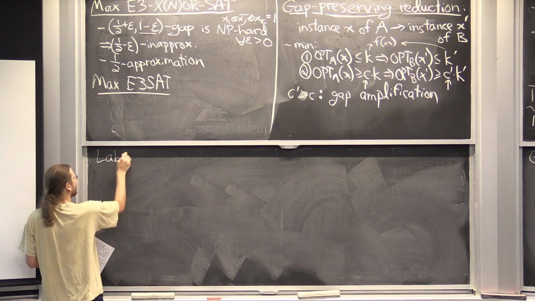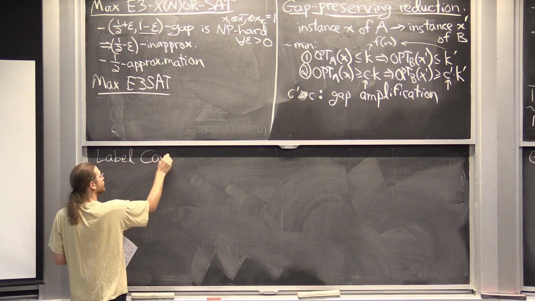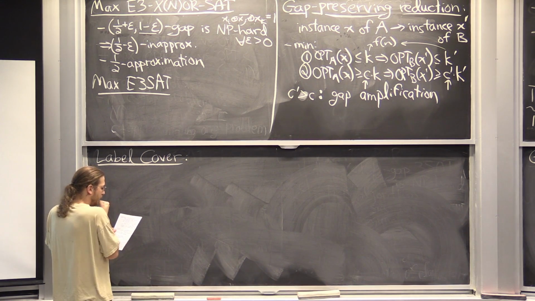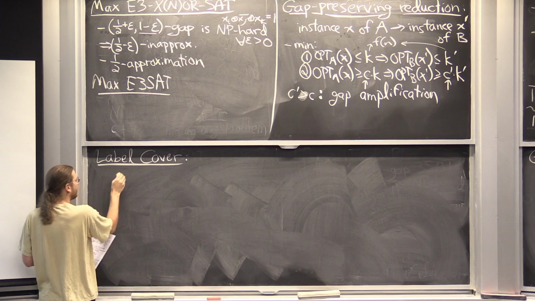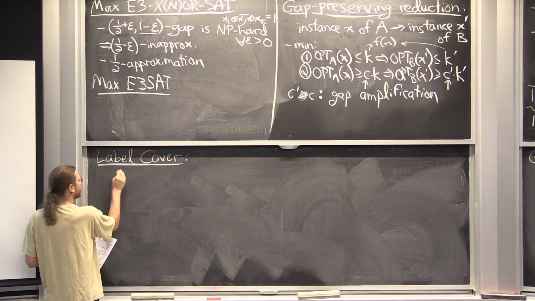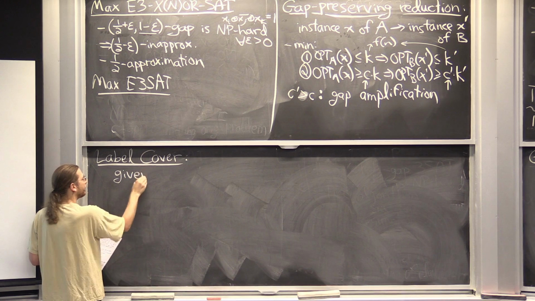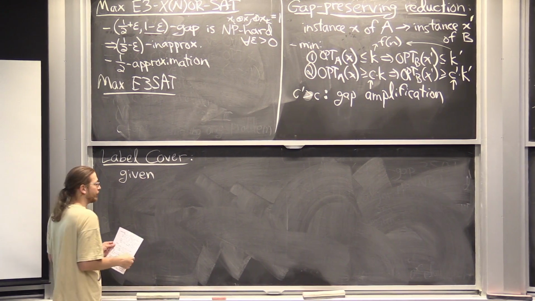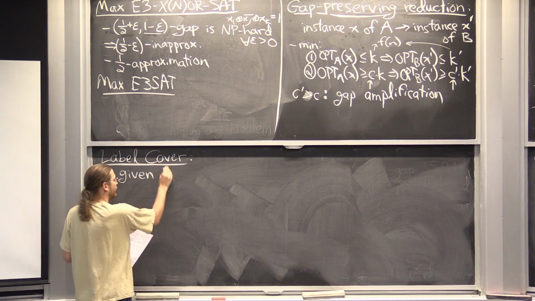Which is called label cover. So this problem takes a little bit of time to define, but the basic point is there are very strong lower bounds on the approximation factor.